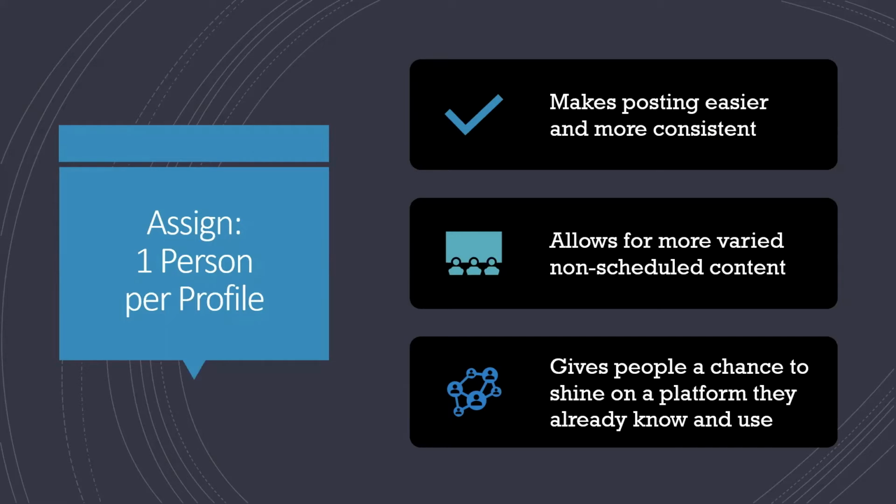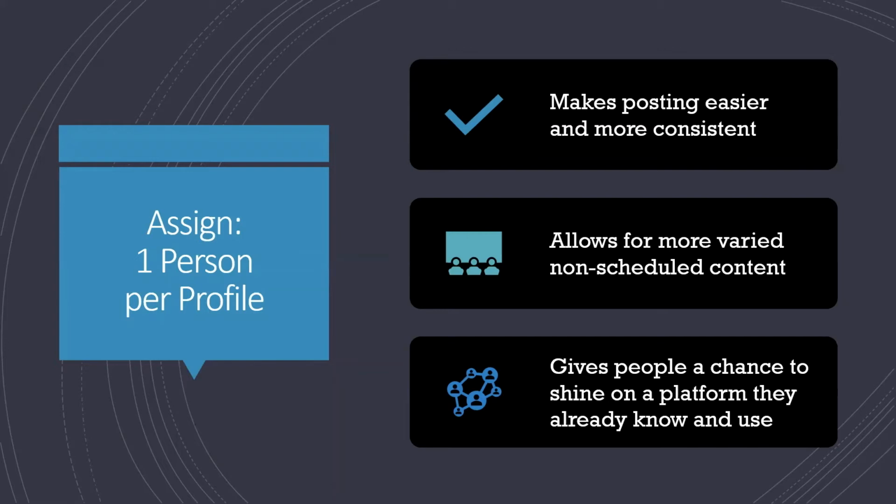And the same is true for the other platforms, because having one person per profile, you get a variety of content that's really interesting depending on the person handling that particular platform, when they have time to go out and gather more content, so to speak. So really, you get a lot of variety, and a lot of interesting things that you wouldn't get if it was just one person in charge of all of these things.